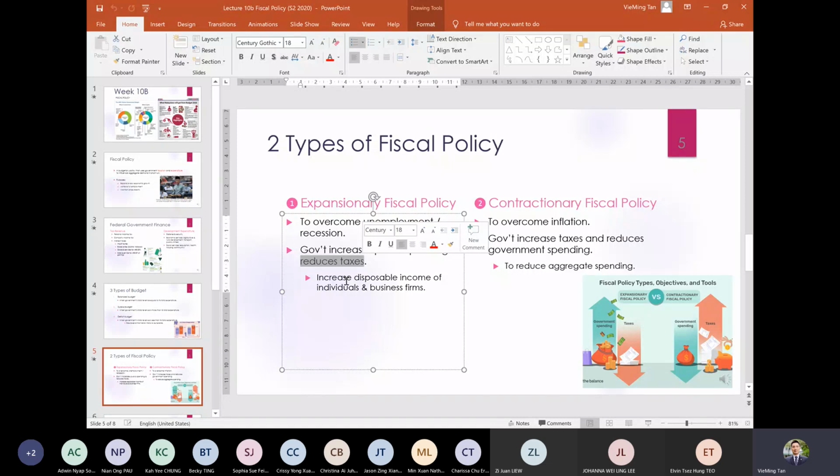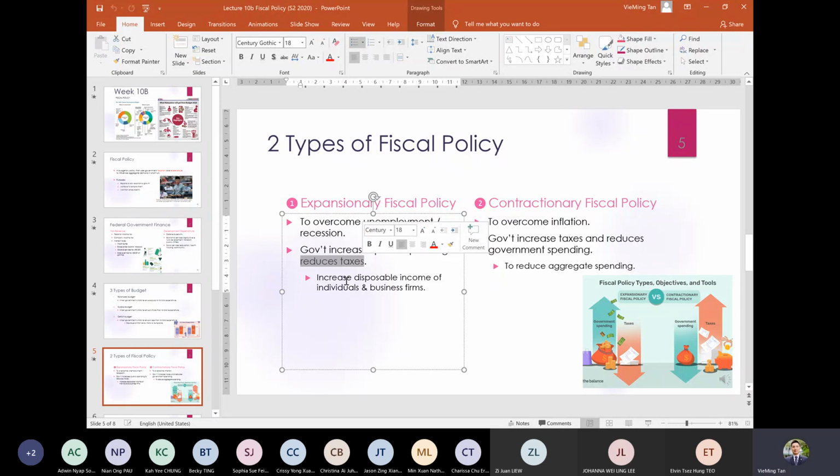When taxes are reduced, individual households and private firms have extra money, or what we call disposable income, for spending. Once households or private firms have extra money to spend, this can increase the GDP of the country and increase economic growth for the nation.